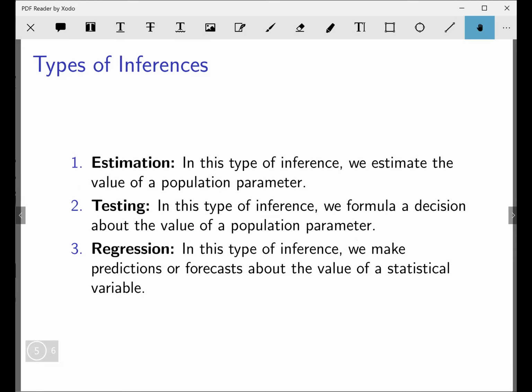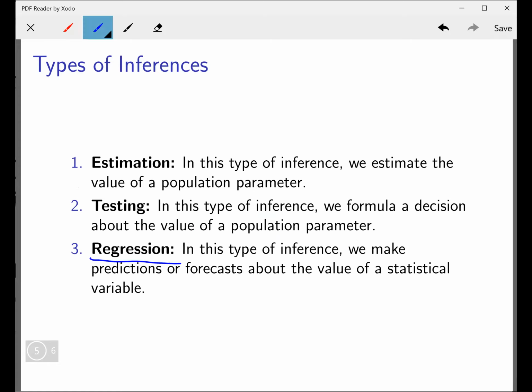Okay, so what is the point of our class? The class is to take our sample data and say as much as we can about the population. And we do that through 3 ways. The third way on this list, regression, we've seen before. In this type of inference, we try to make estimates based on the value of a certain variable.